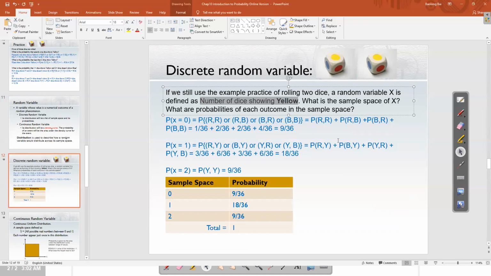What is the sample space of x? What are the probabilities of each outcome in the sample space? Right? So if you think about it, the sample space could be 0 yellow, if none of the dice shows yellow. And then you could have 1 yellow die, and you could have 2 yellow dice, and that's all you have. That's your sample space, right?